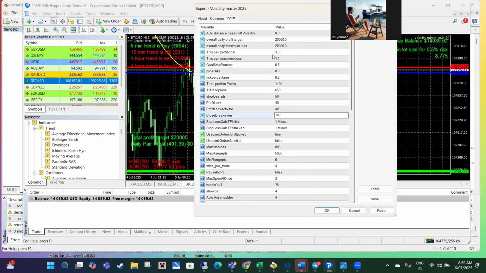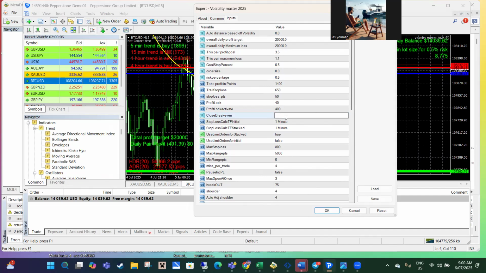And so instead of closing out when it hits 3.5%, which would be 490, it'll just close out when it hits 100. And 100, it's 0.75% profit or something, and still not a bad day's trading. So that's what close break even does, how it works, and a couple of ways that you might want to use it.